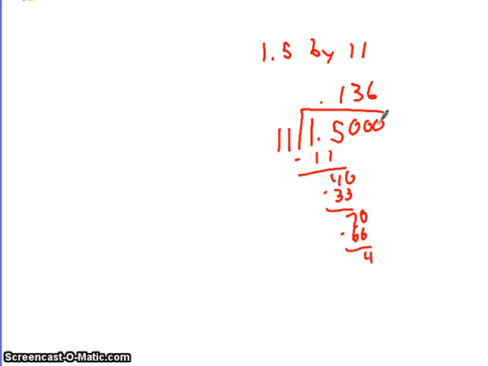Where do you see the repeating starting to happen already? 3, 33, okay, you should start seeing it. So what's repeating? The 36 is. And it'll keep on going like that forever.